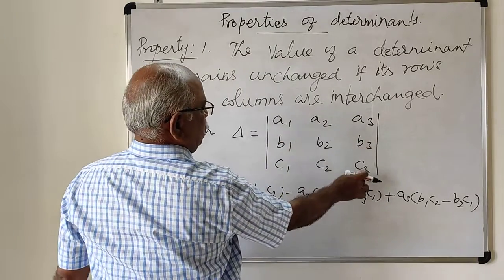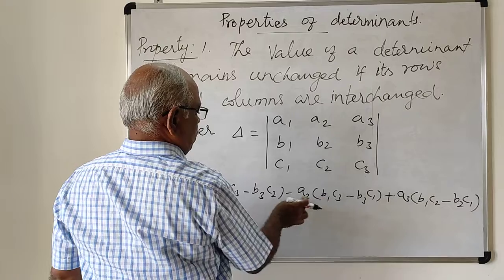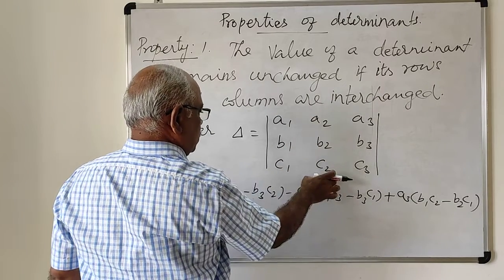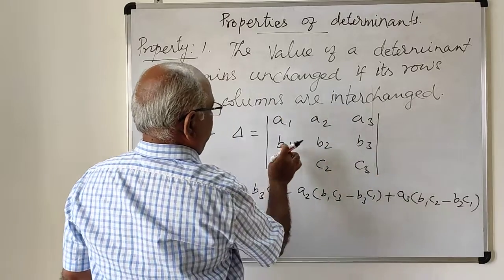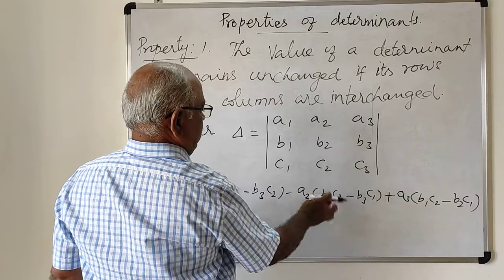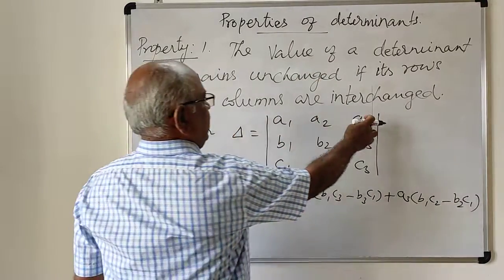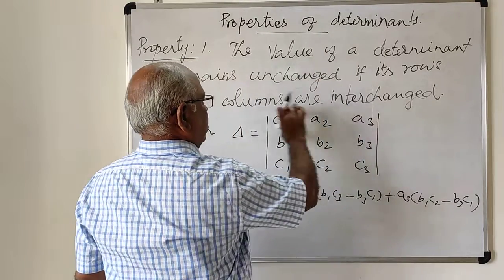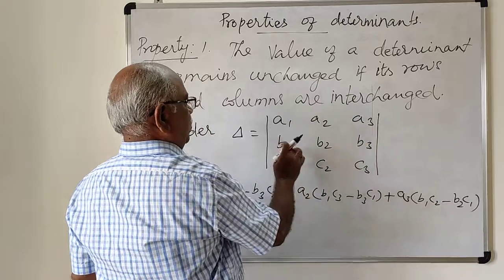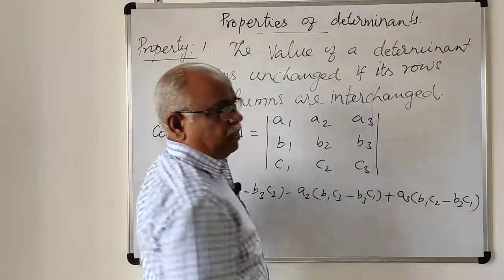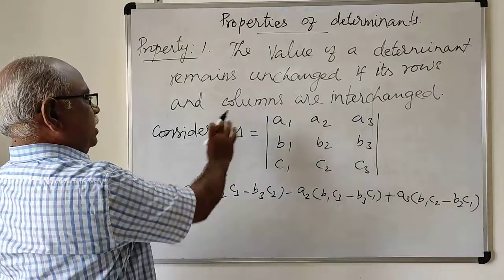A1 into B2, C3 minus B3, C2. Next, this is minus A2 into, A2 column and first row you eliminate, B1, C3 minus B3, C1, and plus A3 into, third column and first row eliminate, you will get B1, C2 minus B2, C1. This is the value of the determinant delta.